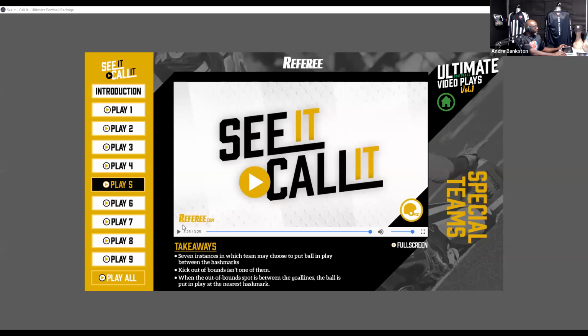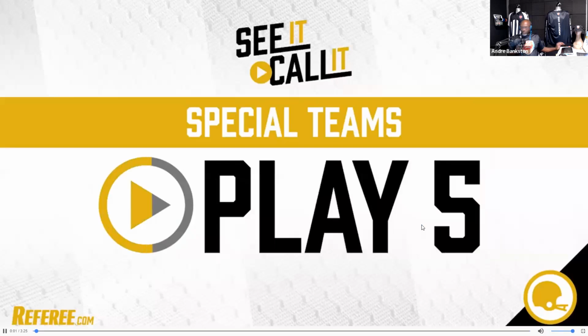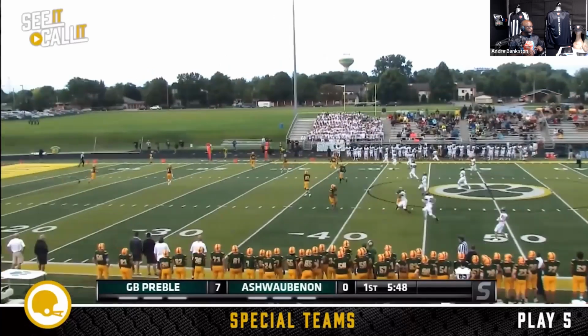So this is an example of a hash mark here. See if you agree with the mechanics used on this play.